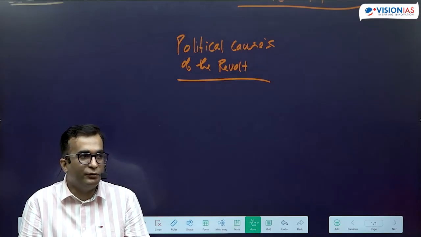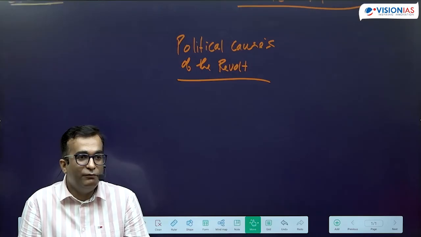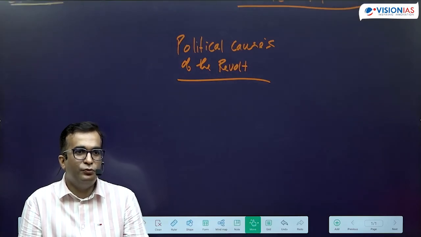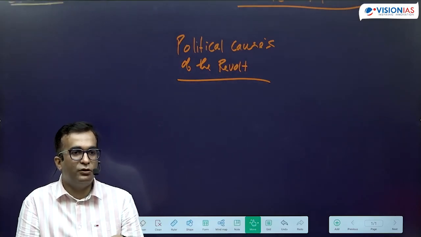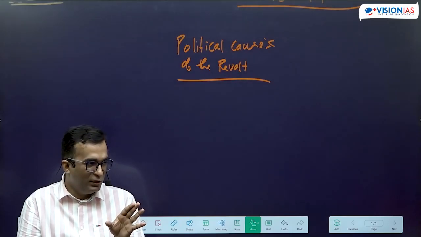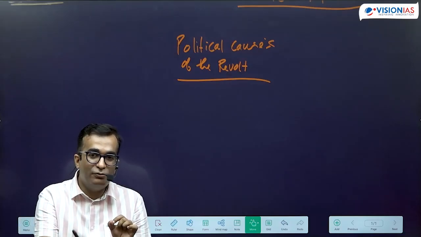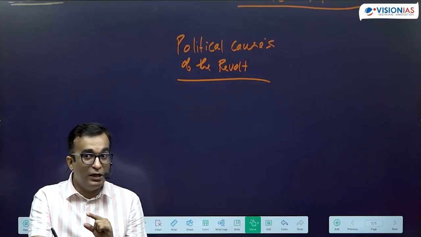Cornwallis wanted to establish full control on the Indian states without annexation. Okay? The very important word is full control on the Indian states without annexation.